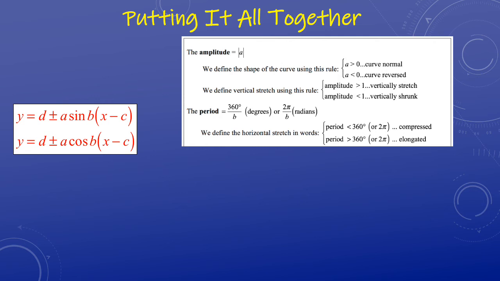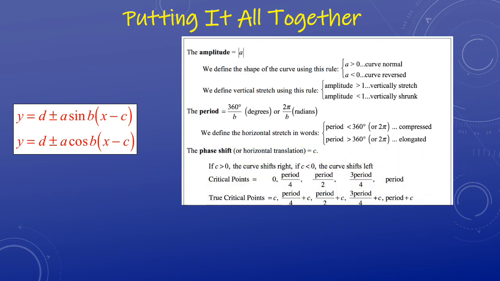If we're working in radians, then the period is 2 pi divided by b. And therefore, the horizontal stretch is dependent upon the period. So if the period is less than 360 degrees, or 2 pi in radians, we describe the horizontal stretch as compressed. And if the period is greater than 360 degrees, or 2 pi in radians, we describe the horizontal stretch as elongated. We next look at the variable c. c controls the phase shift, or sometimes called the horizontal translation.